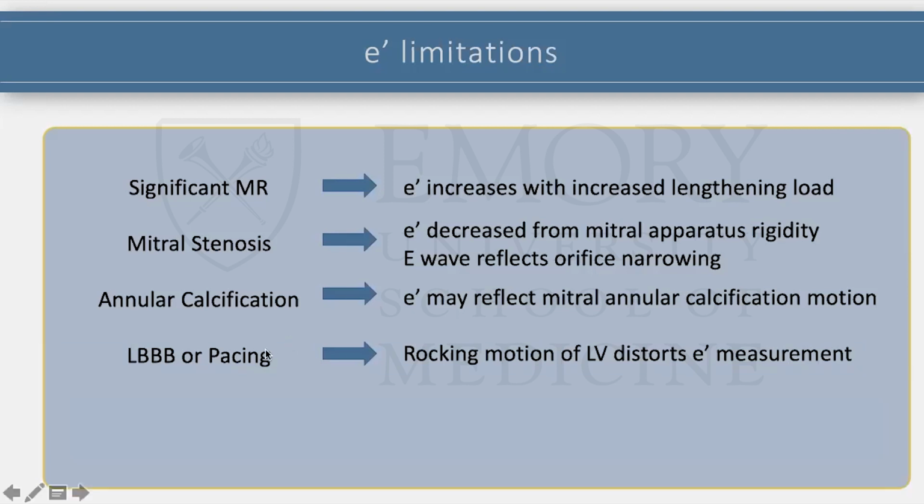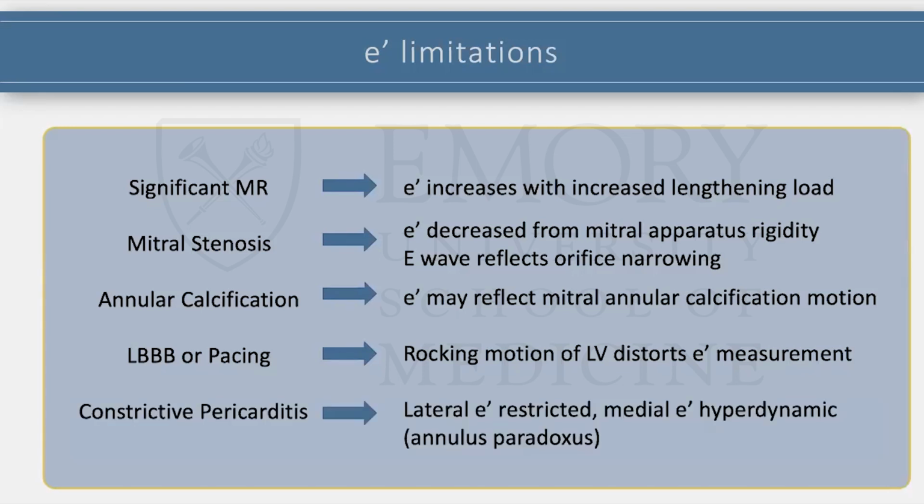With a left bundle branch block or with pacing, or you could include in this also scar from MI, you don't have normal LV movement. It's less of a reflection of overall diastolic function as much as it is just impaired or abnormal movement that creates a less reliable E prime. And then last, constrictive pericarditis.